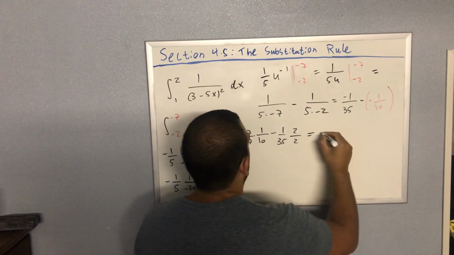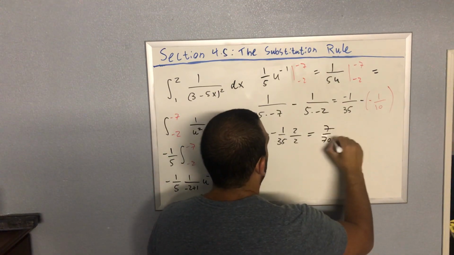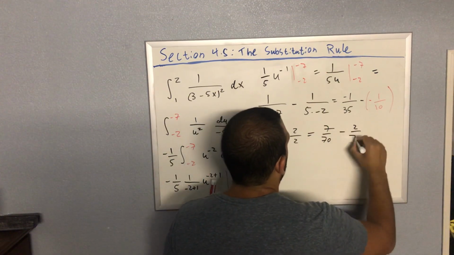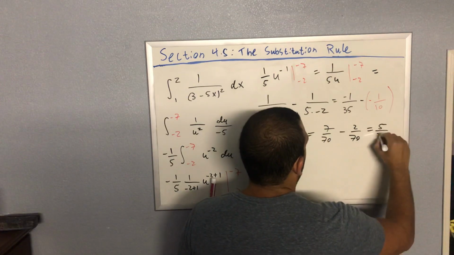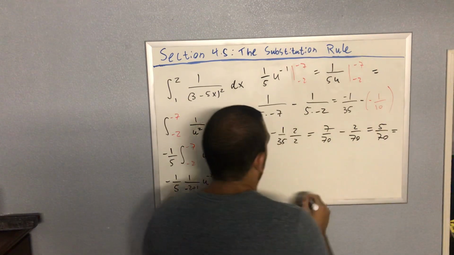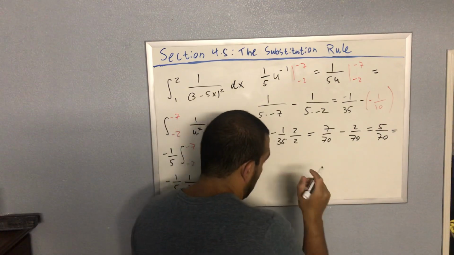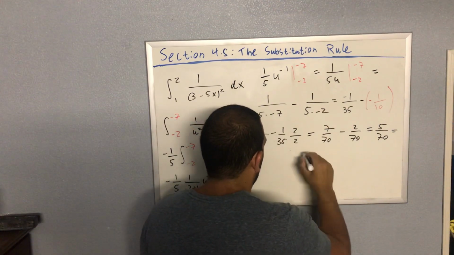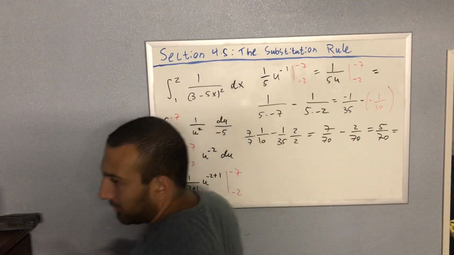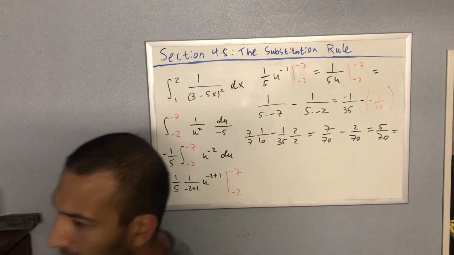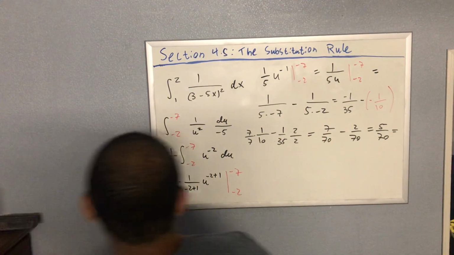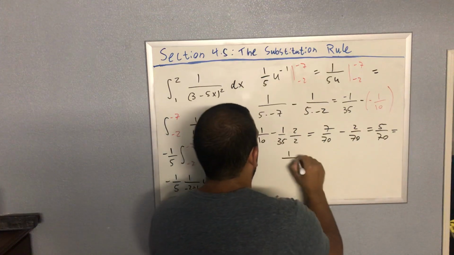So this becomes 7 over 70 minus 2 over 70, which is 5 over 70, which is just going to give you 1 over 14, I believe. Yes, so it just gives you 1 over 14.